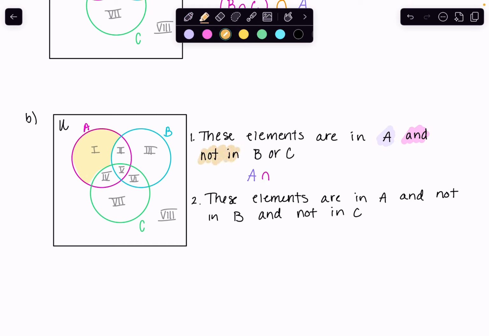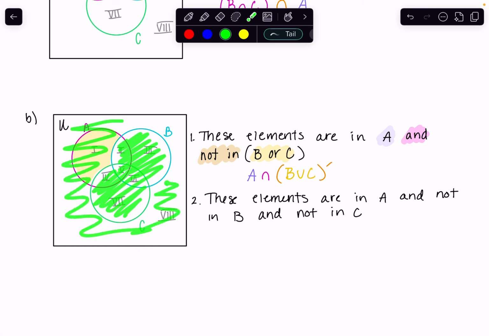And then not in this set. Okay. So B or C would be the union. And then they're not in either one of these. So I would take the complement. So that's one way I can go about this. So B union C would be these two regions. So these elements are definitely in the complement of that overlap with a circle.